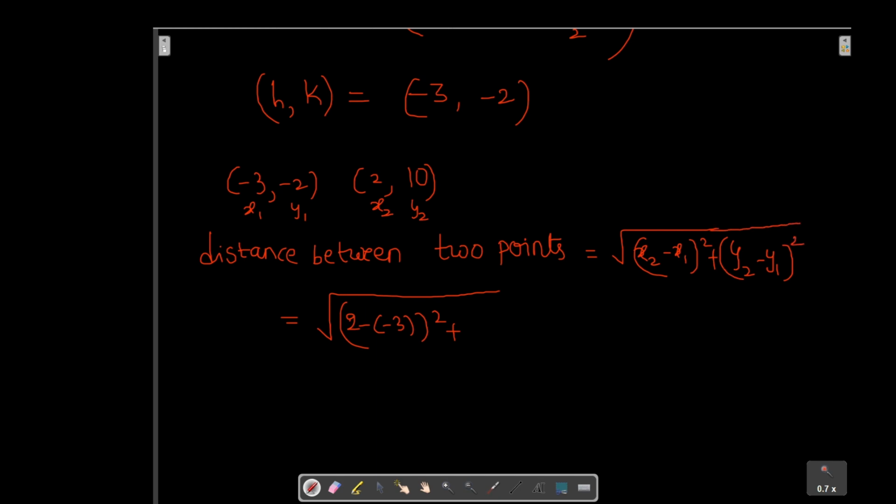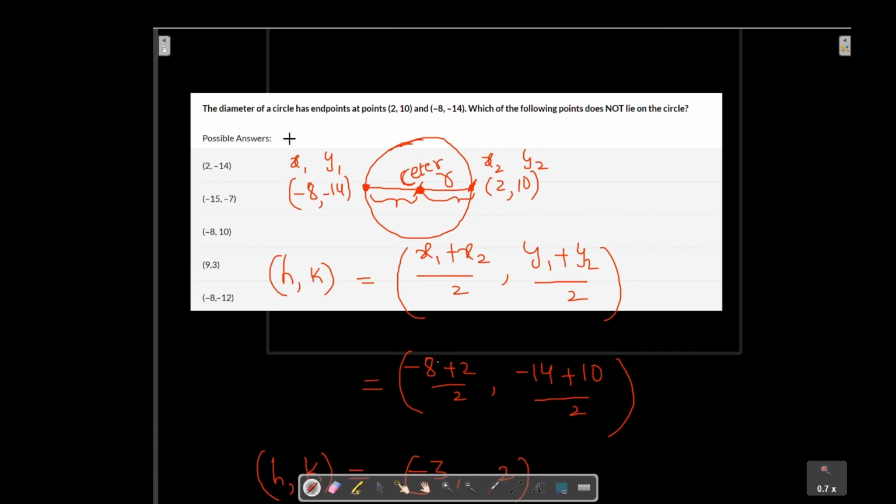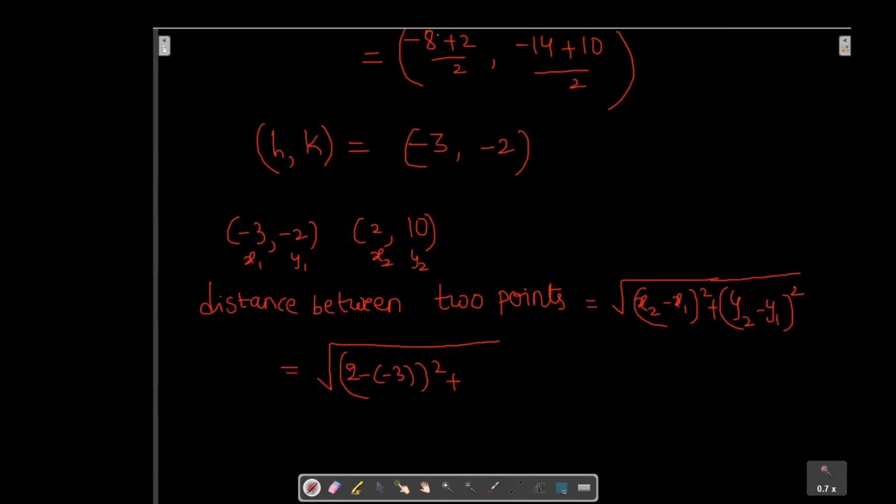Don't confuse this x1 y1 point and the x1 y1 point. Again, I am considering this as the new points for calculating the distance. Okay. x2 minus x1 whole square is 2 minus of minus 3 whole square. y2 minus y1 is 10 minus of minus 2 whole square.